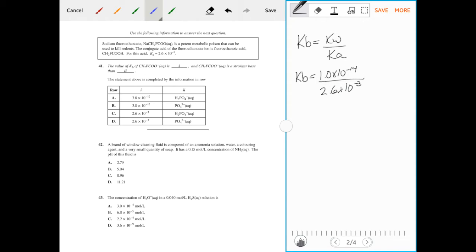Now when I plug that into a calculator, I get that my Kb is equal to 3.8 times 10 to the negative 12.